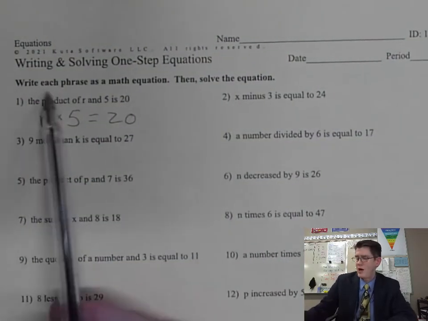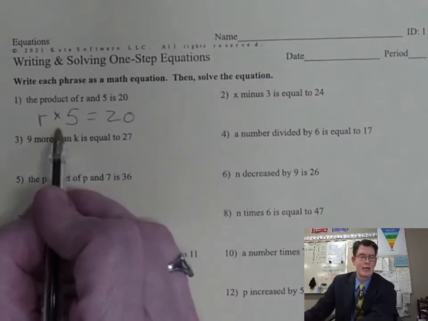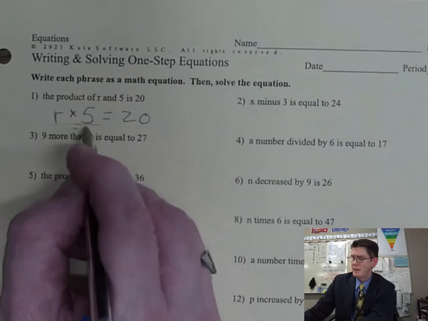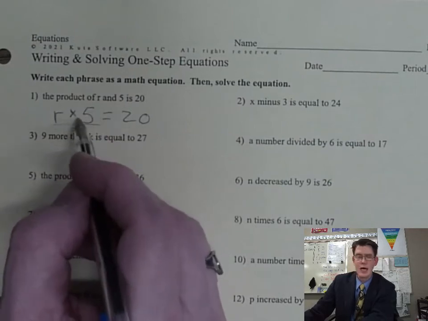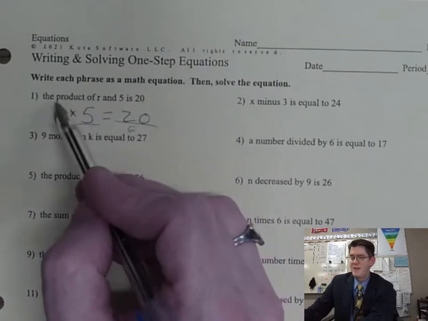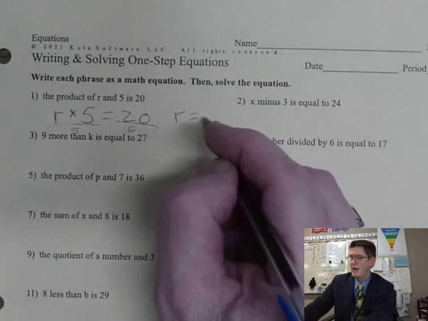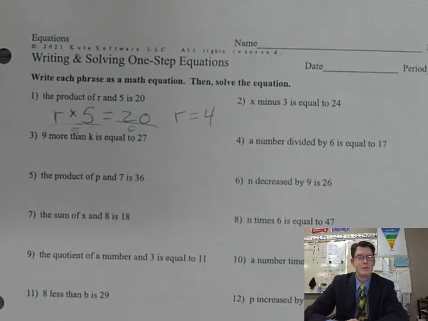We have now written the phrase as an equation. Now to solve it, yes, we divide by 5. We undo that 5 that's on the r. We divide by 5. On this side of the equal sign, we're left with r. And on this other side, we're left with 4. 20 divided by 5. You can use a calculator as you need.